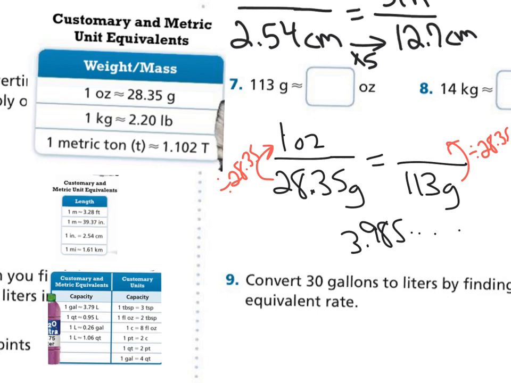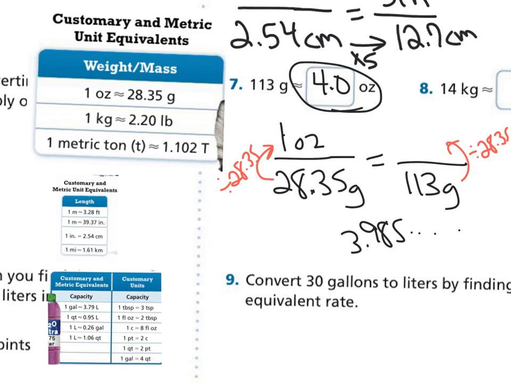So this is actually, if you think about nearest tenth, between 3.9 and 4.0. It's closer to 4.0, so 4.0 ounces. And you might think, well, why don't we just put 4 ounces? The reason they'll put the 0.0 is just to show that our answer is good to the nearest tenth. Our answer is accurate to the nearest tenth.